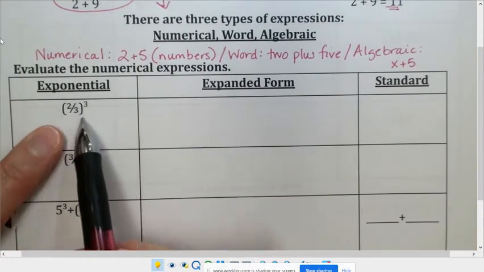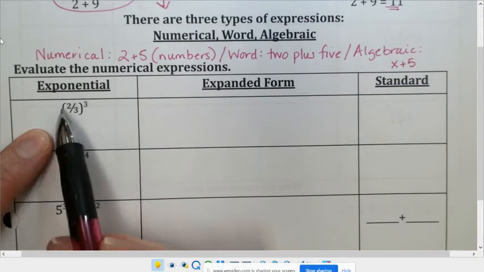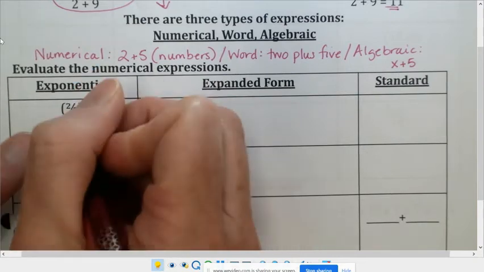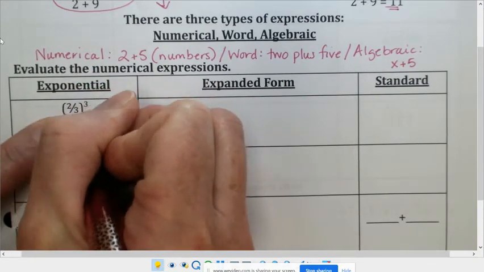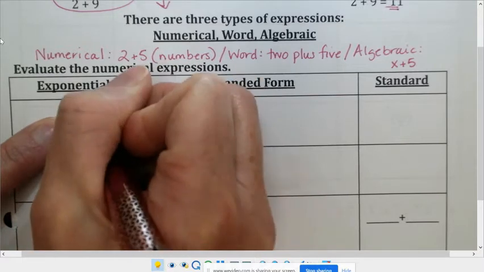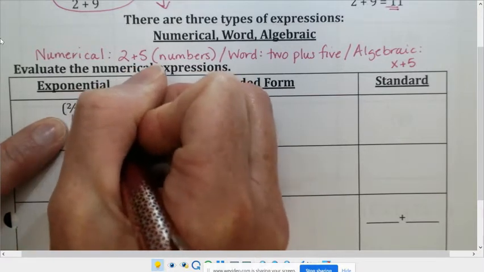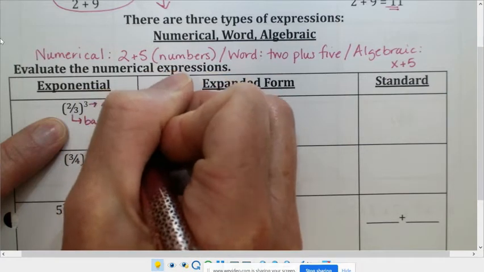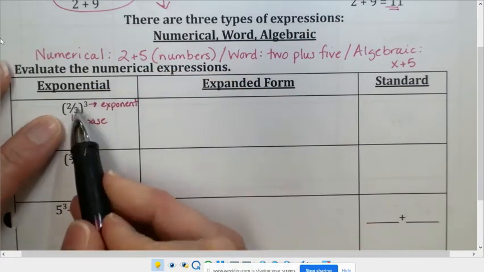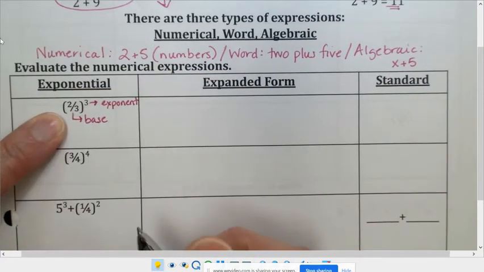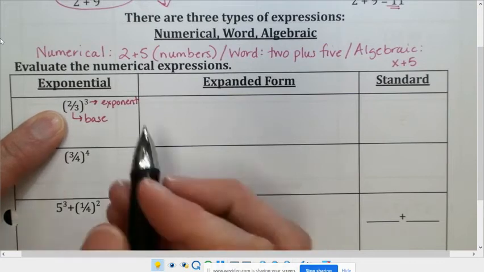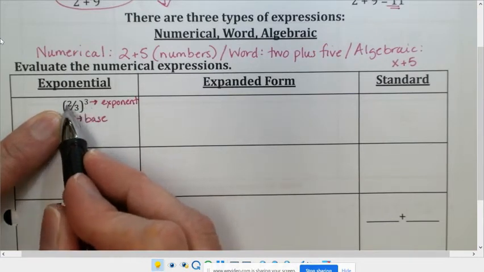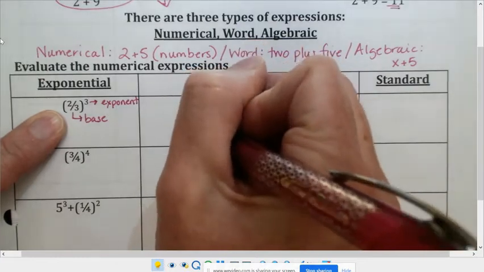When I have an expression like this, this part here we call the base, and this little number up here we call the exponent. The exponent tells us how many times we're going to multiply the base together. In this case, I have 2/3 to the third power, or it can be read 2/3 cubed.